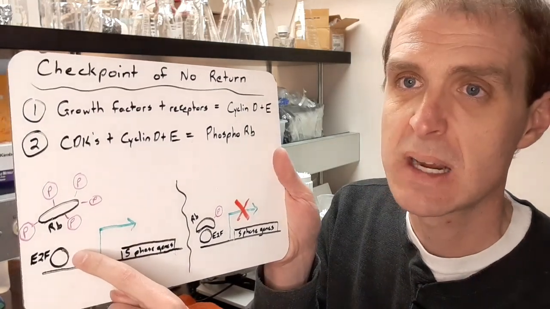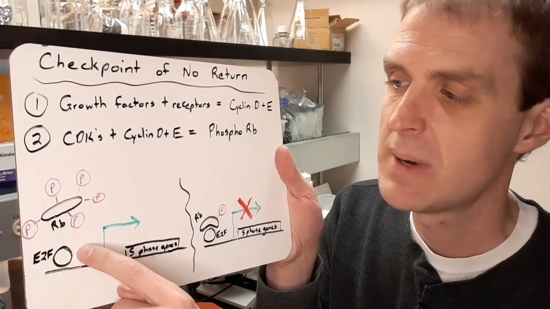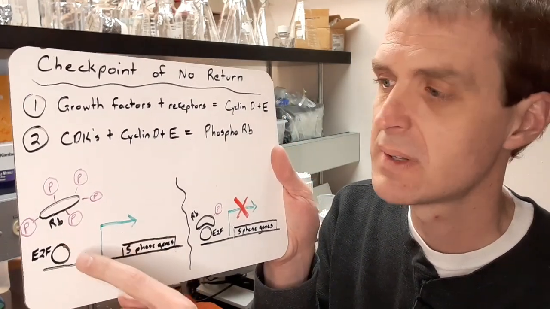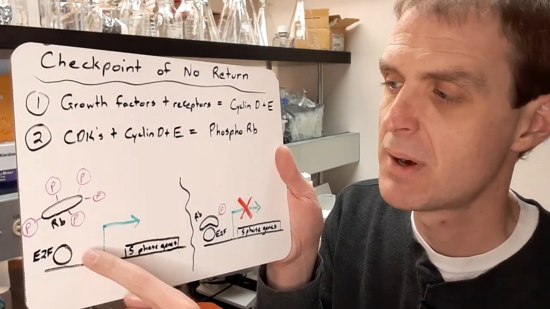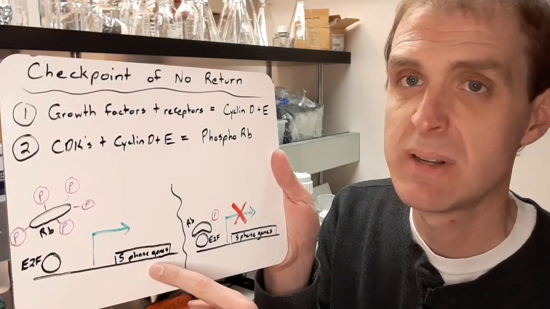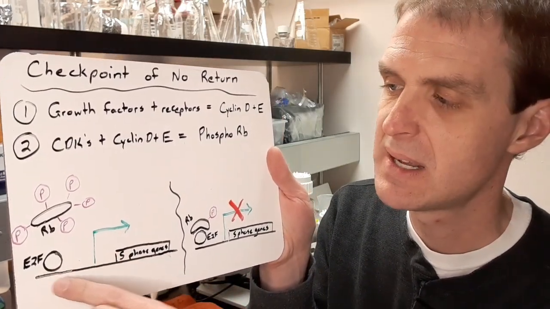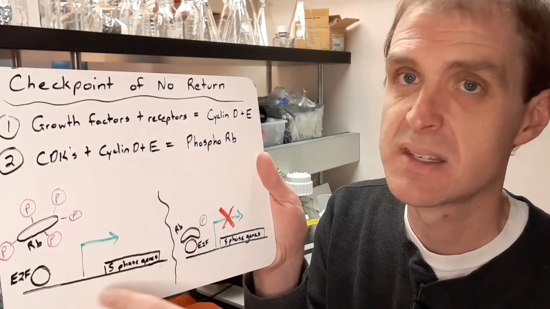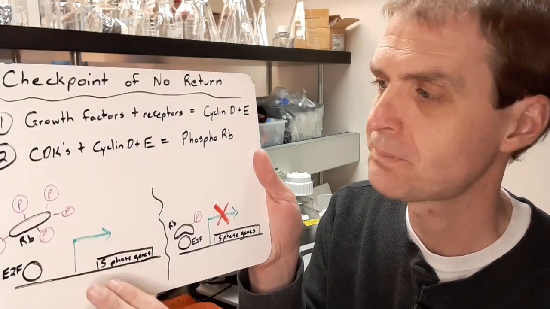And then there's a second protein I brought into the picture here, E2F. E2F is a transcription factor, and when RB is phosphorylated, E2F hangs out by itself at the promoter of a bunch of different genes. These are S-phase genes, and when it's sitting there, transcription machinery comes in and mRNAs start to be made of the different S-phase genes.